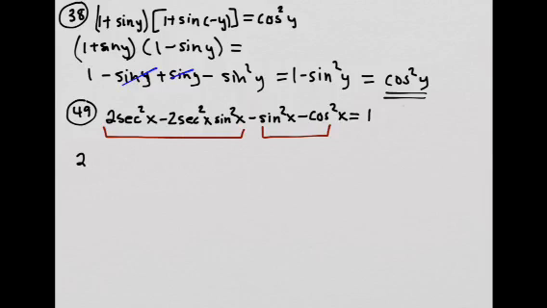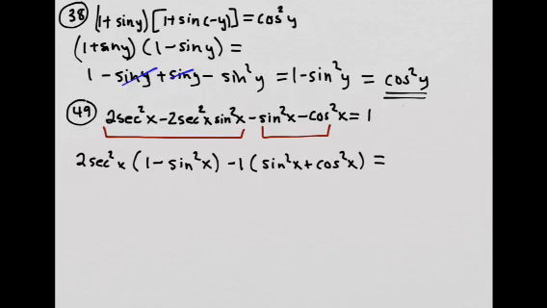So I'm going to put 2 secant squared x as the greatest common factor, factor it out, so that leaves me with 1 minus sine squared x. The second pair, I notice they have a negative 1 in common, so I'm going to factor out a negative 1, and then I get sine squared x minus cosine squared x. Oops, sorry, plus, because I factored out a negative.